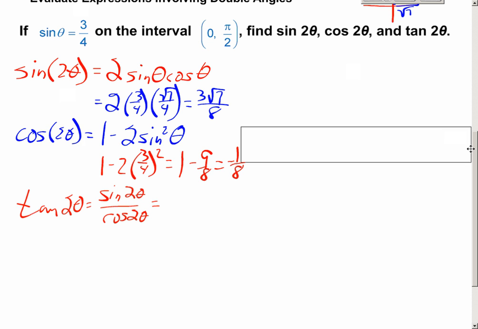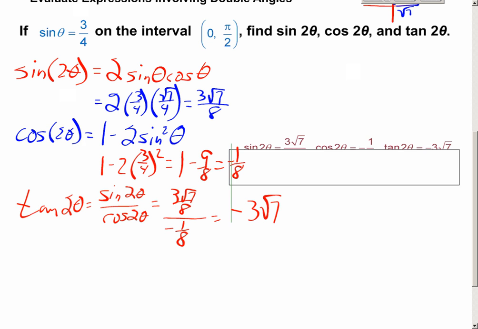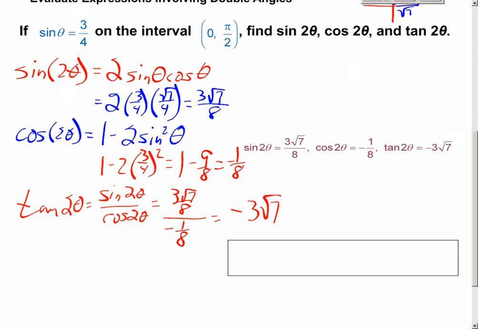So sine of 2 theta, 3 radical 7/8 over negative 1/8. And that gives us an answer of negative 3 radical 7. So our 3 answers: sine of 2 theta, 3 radical 7/8, cosine 2 theta, negative 1/8, and tangent 2 theta, negative 3 radical 7.